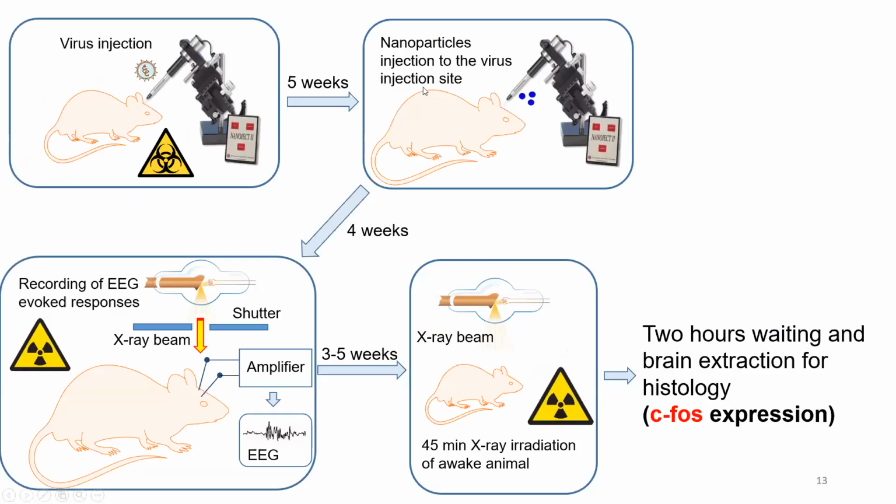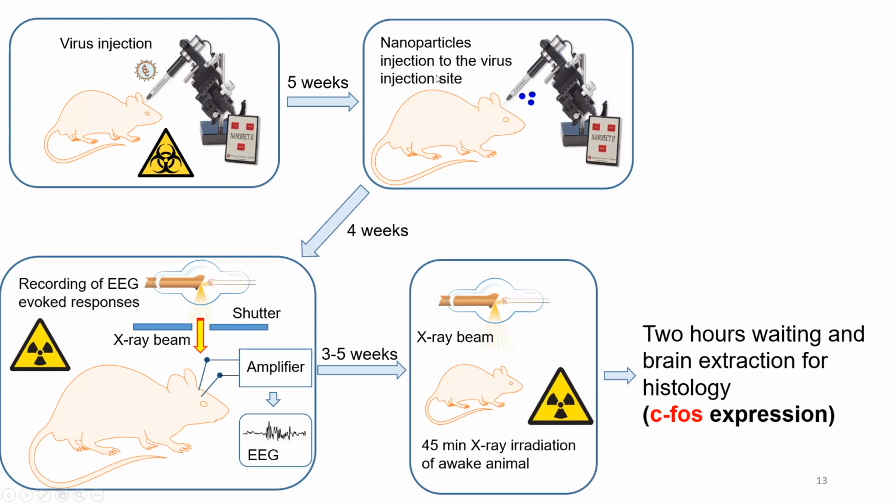I will describe the experimental paradigm. At first, it's a routine practice now. We injected a specific adeno-associated virus into a particular part of the brain. We were working with the primary motor cortex, M1, but potentially it can be any area of the brain. It's a routine and safe procedure, and it makes neurons express channelrhodopsin in a couple of weeks after injection.